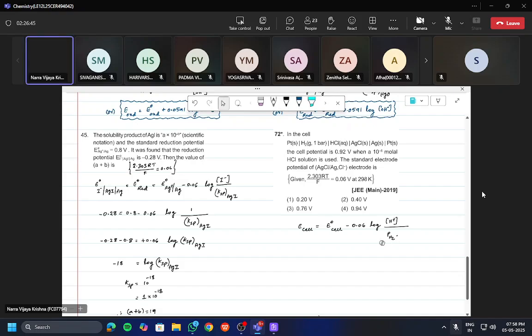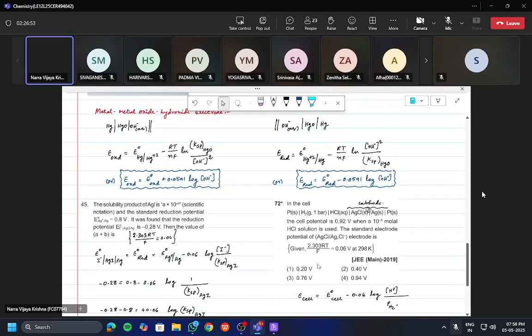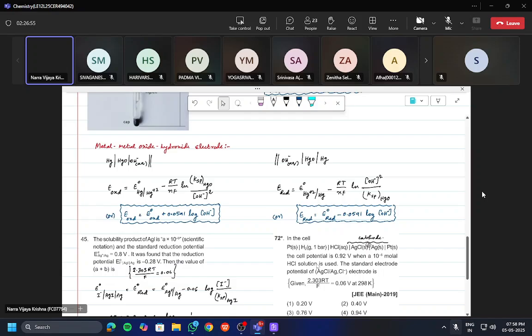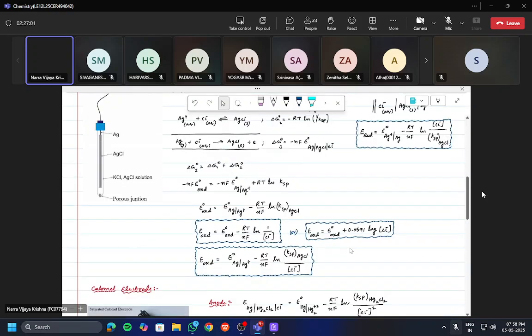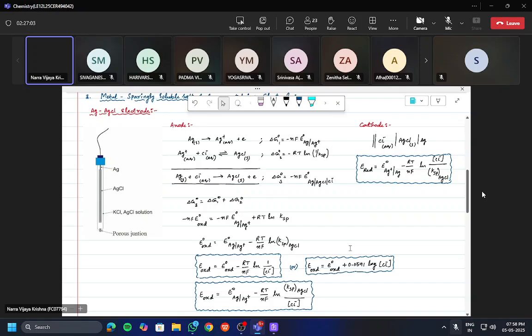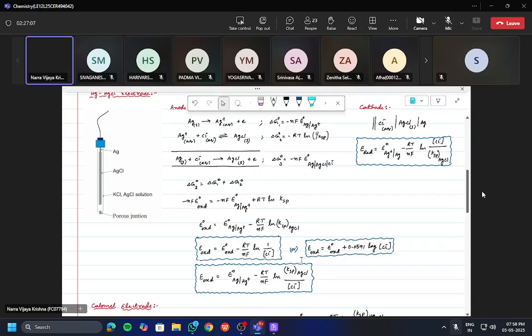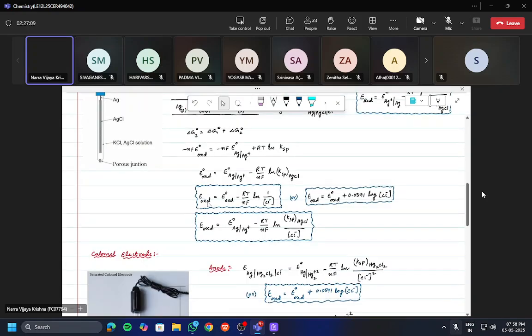Listen. This is the cathodic compartment, correct? So what is E cathode? It means E reduction. This is AgCl, right? Observe E reduction of AgCl. What do you write?